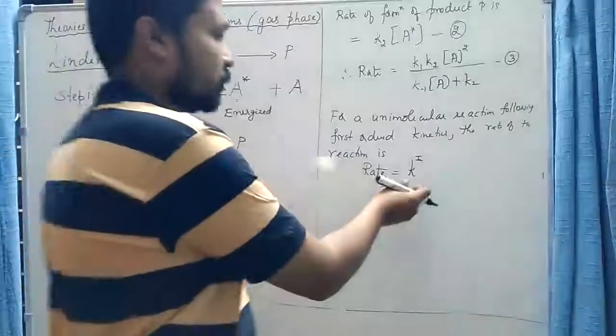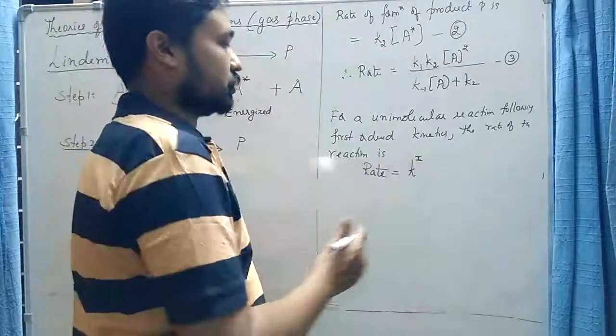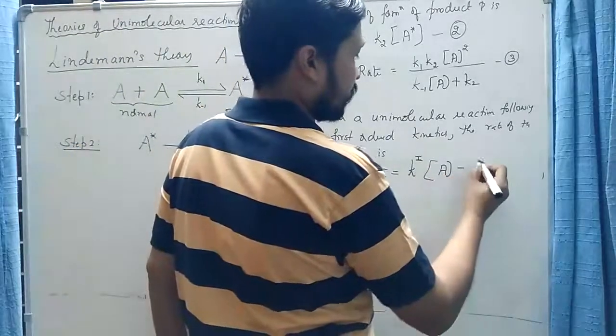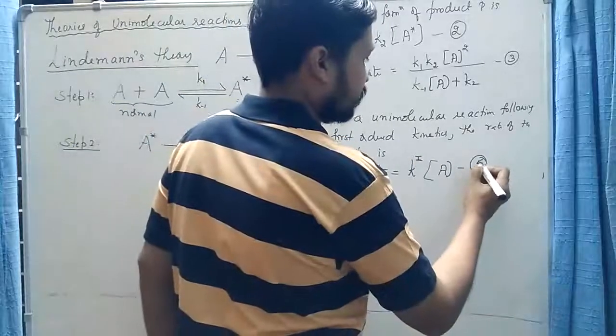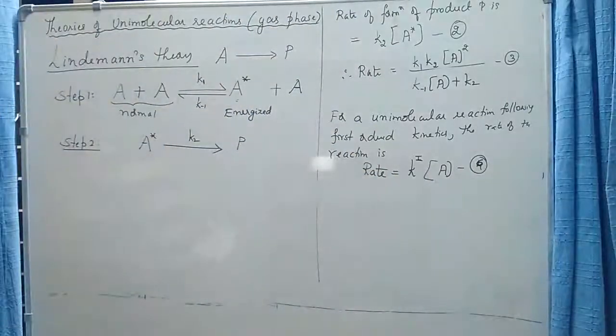This is sometimes called the first order coefficient of rate or rate constant, into A. This is equation number 6. This is what we expect the reaction to follow according to Perrin's theory.